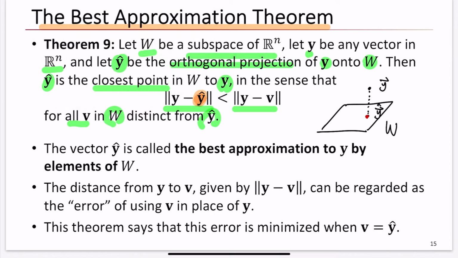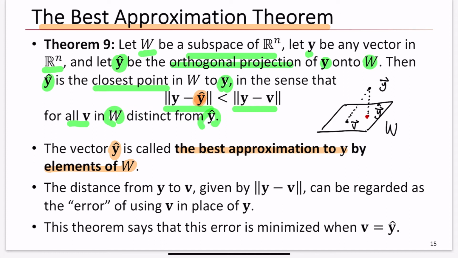In other words, the vector y hat is called the best approximation to y by elements of W, because in comparison to any vector, let's say v in W, y hat is the closest point from the vector y to the subspace W.